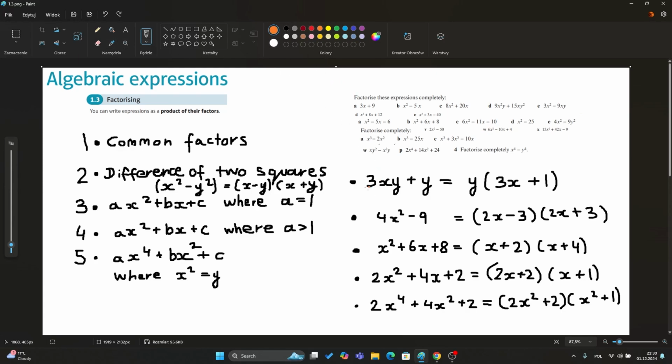In here, you use the formula, which is x squared minus y squared equals x minus y times x plus y. So what happened here is that this is 2x squared and this is 3 squared.